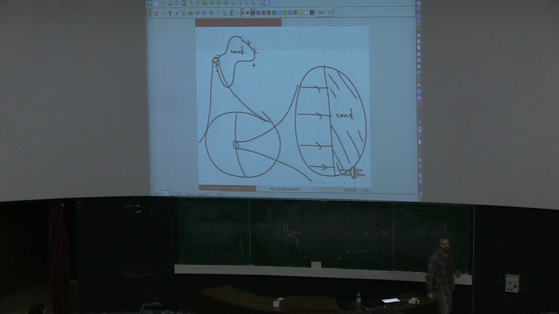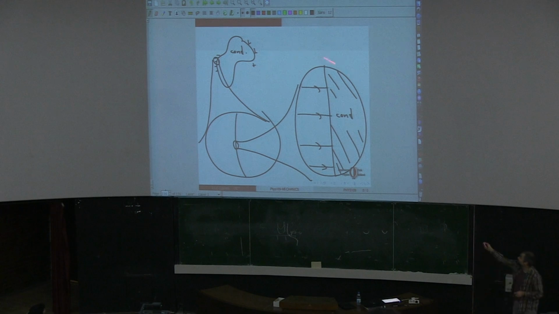The electric field is constant in this region. It's not constant everywhere, but in this region, it is constant, and perpendicular to the surface. Almost.